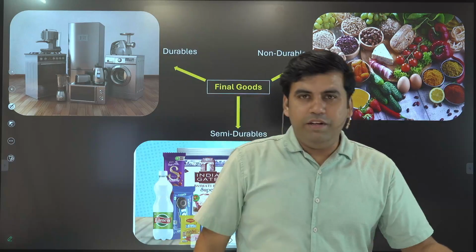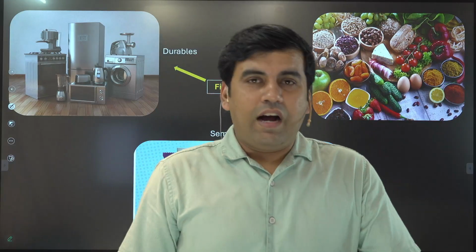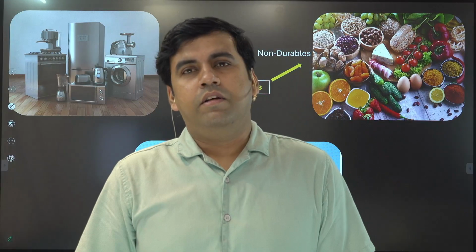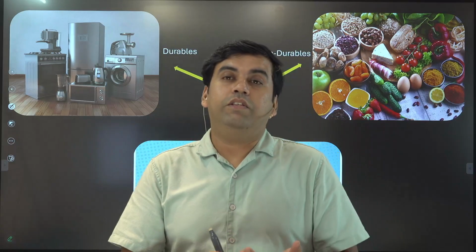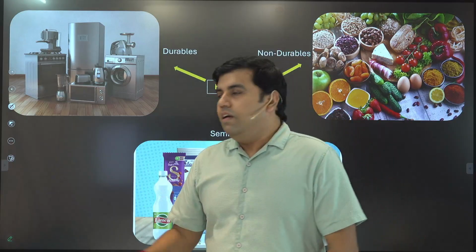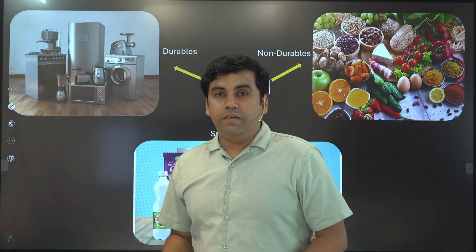My mobile phone, I've been using that for almost 3 years now. No problem in that, it's running fine. I have a car, I've been using that for many years. So basically electronics, things which have warranties and other things, come under this. They are durable, they are long lasting.